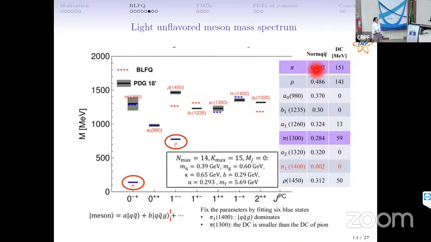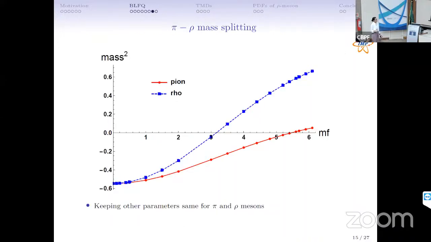The mass difference between the pi and rho comes from MF, the phenomenological mass parameter in the vertex interaction term, so the gluon plays a crucial role here. We kept all the other parameters the same, changed only the MF value, and found that this difference comes from MF.